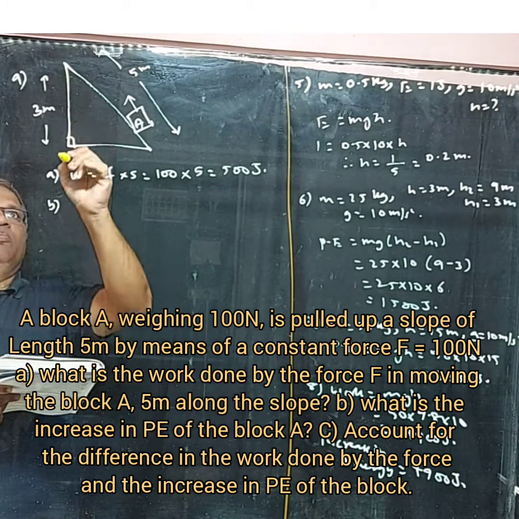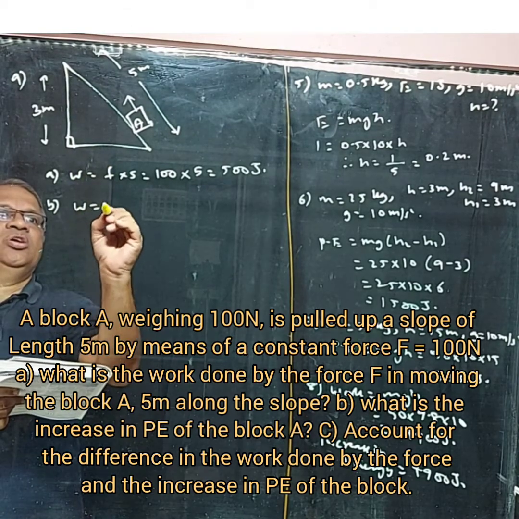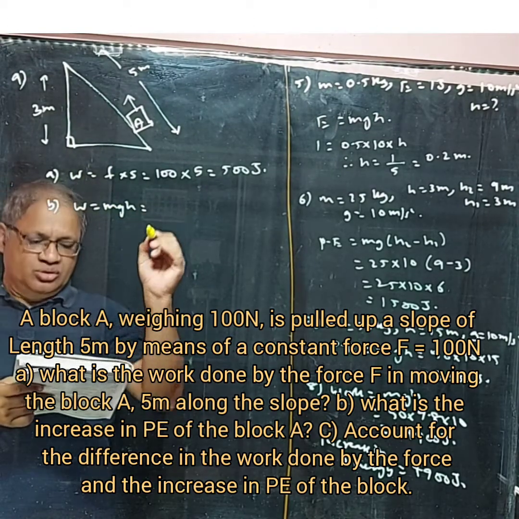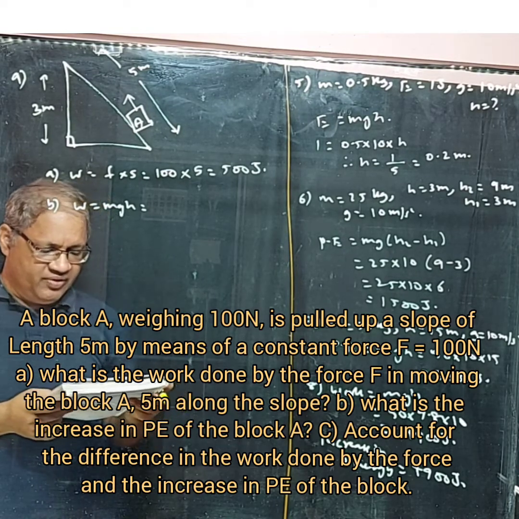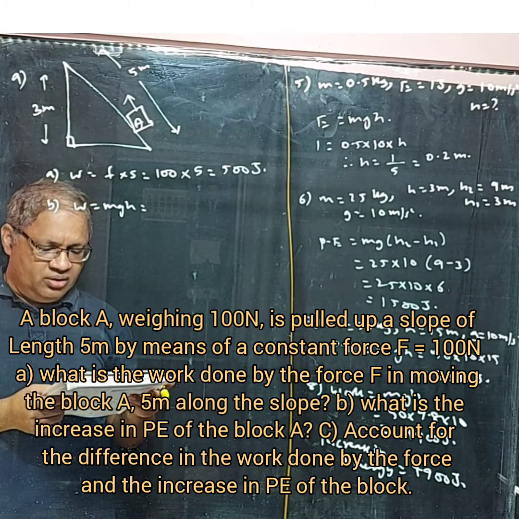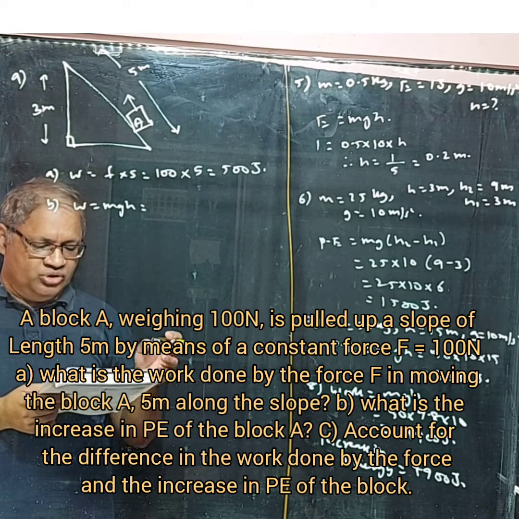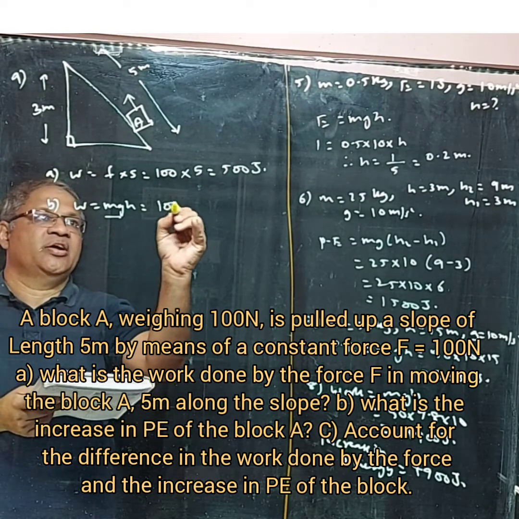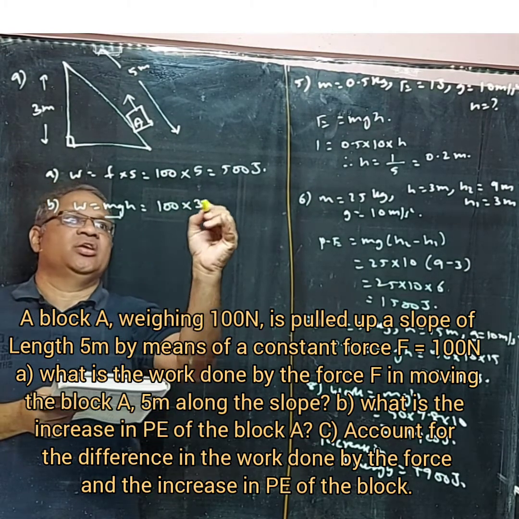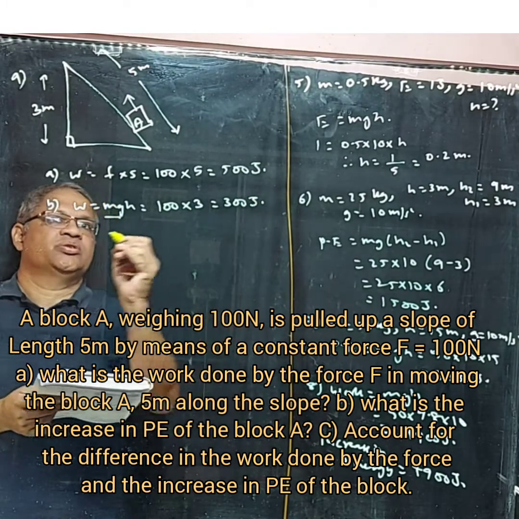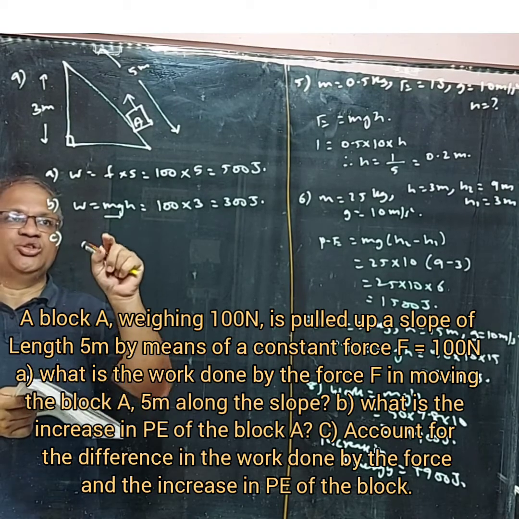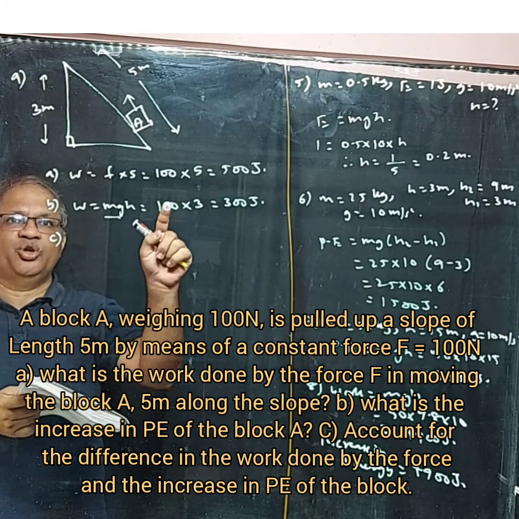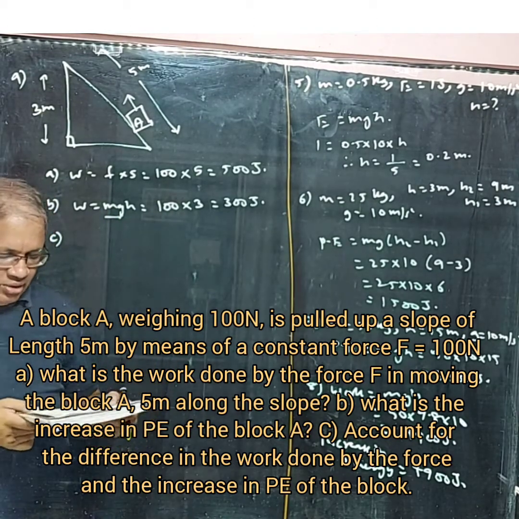And B part, if you are picking it up like that, work done is mgh. So the mass and gravity they have given, force they have given, that is 100 into height is 3, that is 300 joules. So they have given the force is mass into gravity. So instead of mg you are putting 100, keep that in mind.